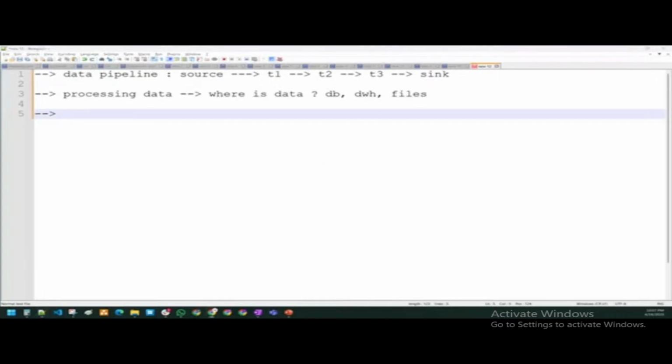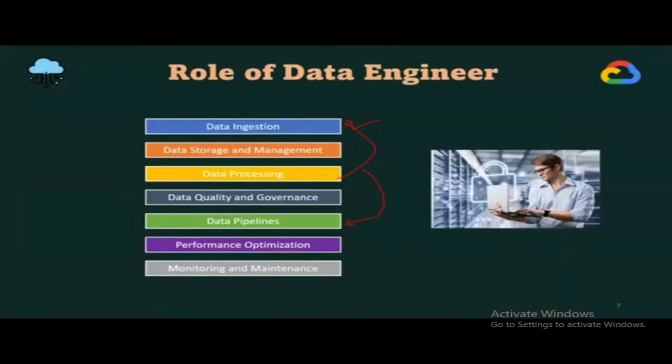Yes, Kalpataru, do you have any question? Sir, you have shown the last slide that there are seven to eight modules or components of data engineering. Correct.